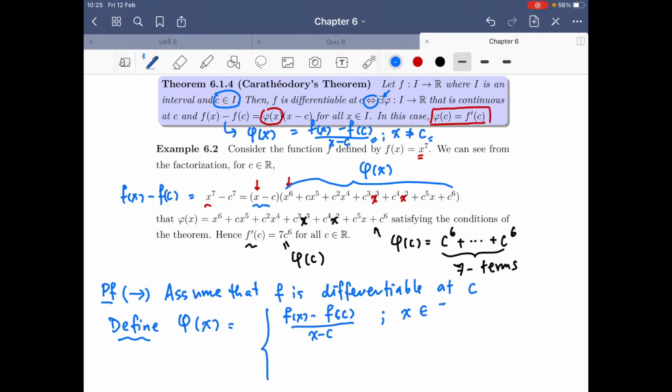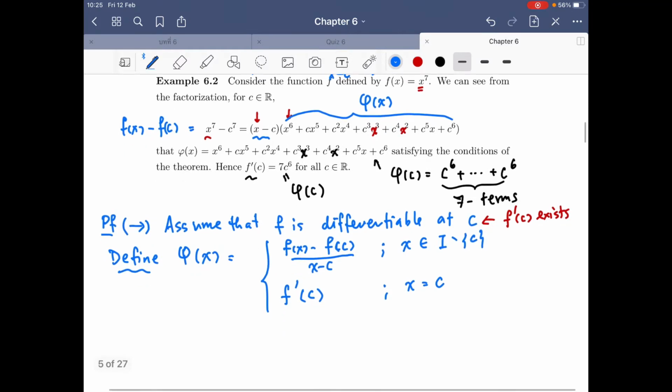However, this is okay whenever x is not c, and then because f is differentiable, it means that f prime at c exists, right? So you can simply define phi as f prime at c when x equals c itself.